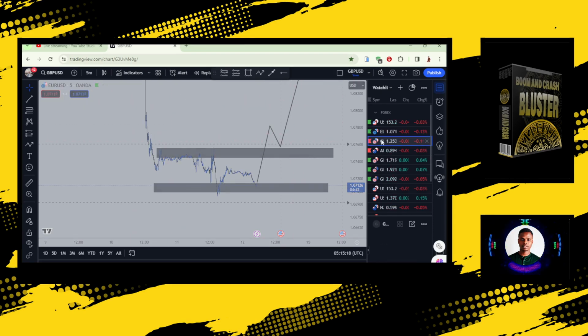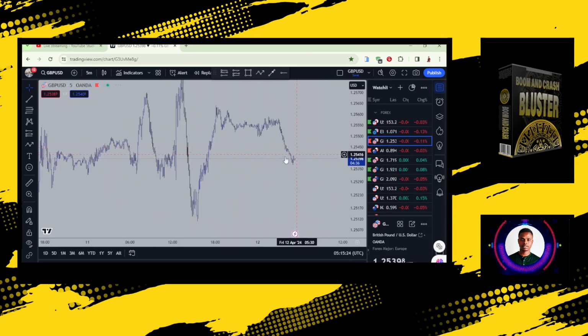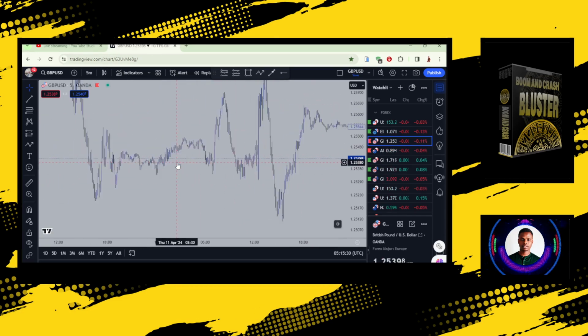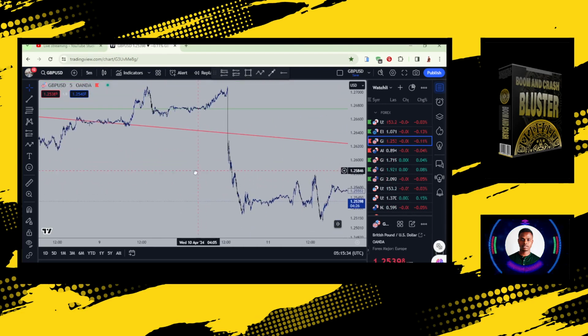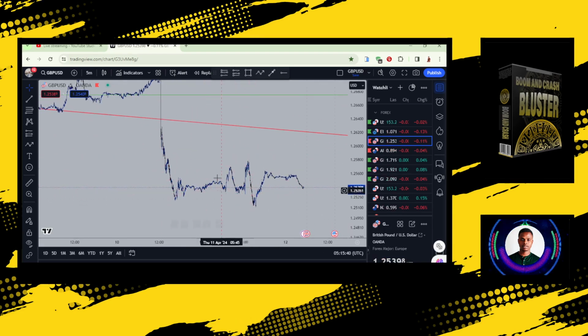Let's move on to GBP/USD. You can see the same thing that I was talking about. When the market makes a sudden move, it will likely come back and close that gap, right? Because the market needs these reversals to keep moving, because this is where the volume is balancing, right?